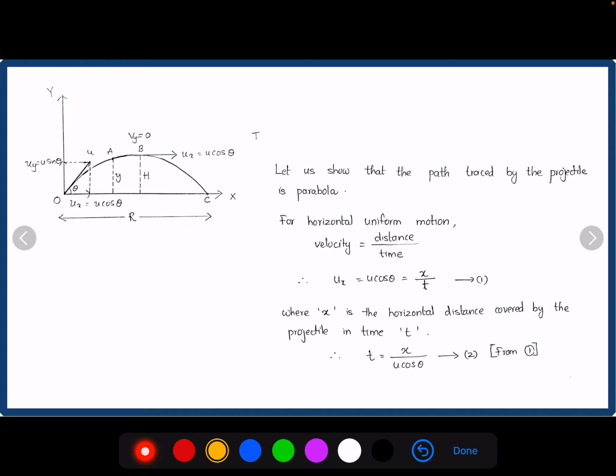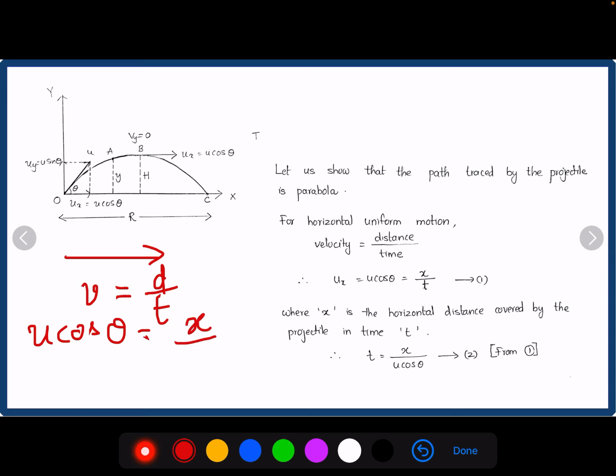Now, for horizontal uniform motion, that means along the x-axis, our fundamental equation is velocity equals distance by time. The velocity in the horizontal direction is u cos theta. The displacement along the x direction in time t is x.